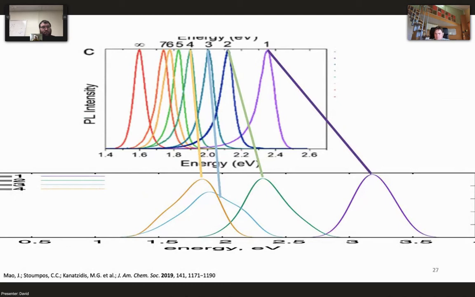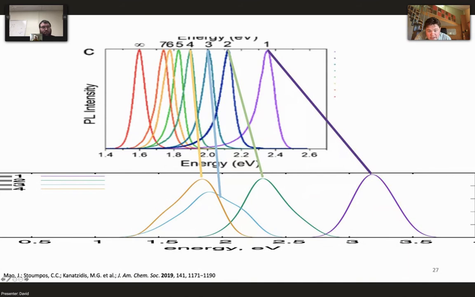The n equals 1 and n equals 2 are the only ones where it's really easy to see that there's some shoulder going on. That could just be because the colors are overlapping too, but we do see a similar qualitative trend as what is observed in the experiment.